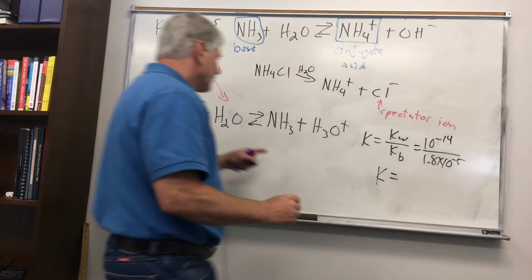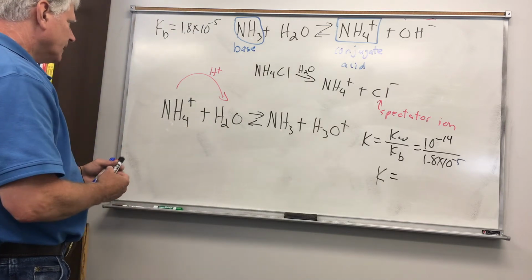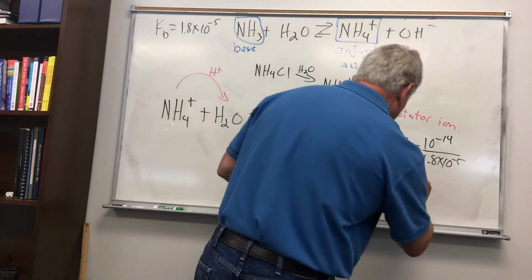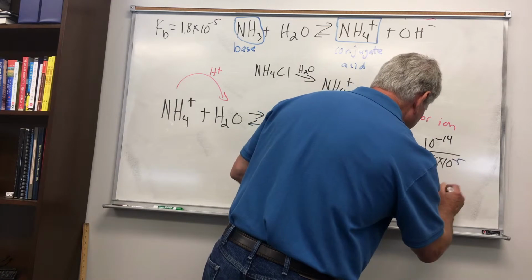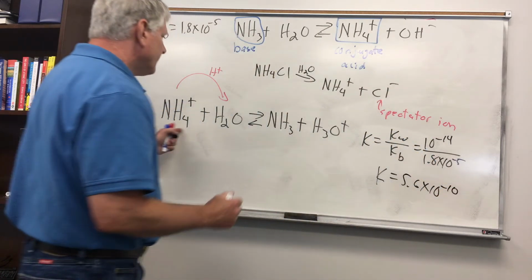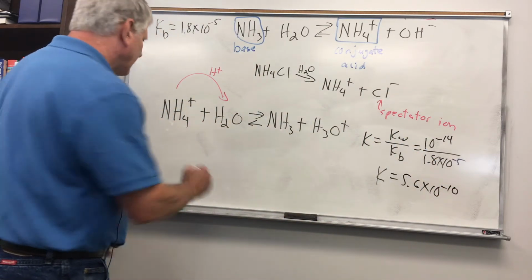So this equilibrium constant for the conjugate acid is 5.6 times 10 to the minus 10th.